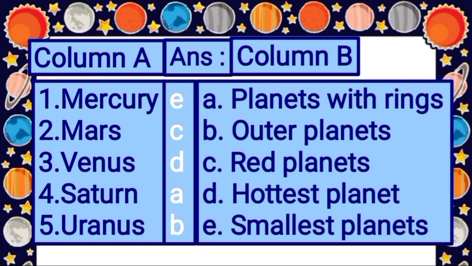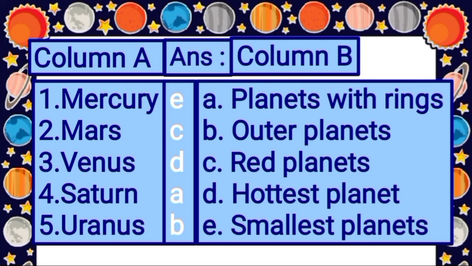Now third word from column A, Venus. And answer is option D, hottest planet, because Venus is the second planet and it is the hottest planet.